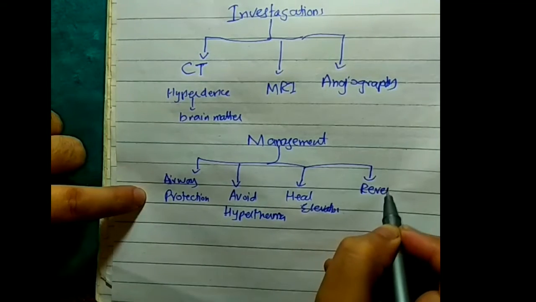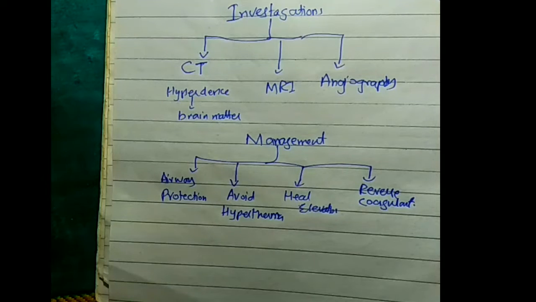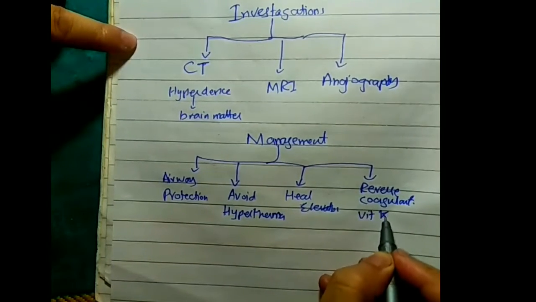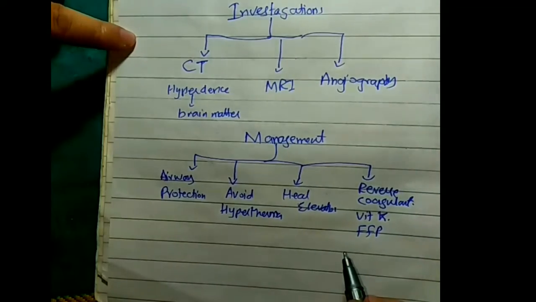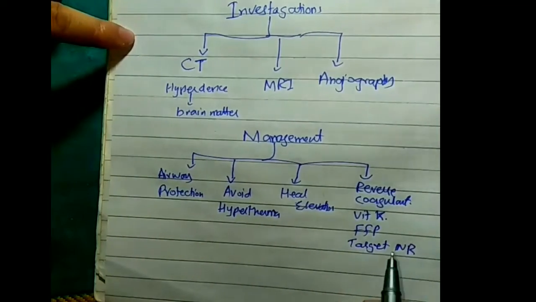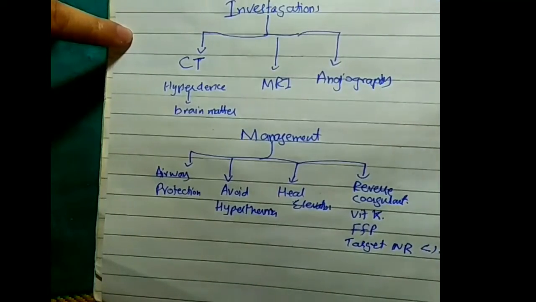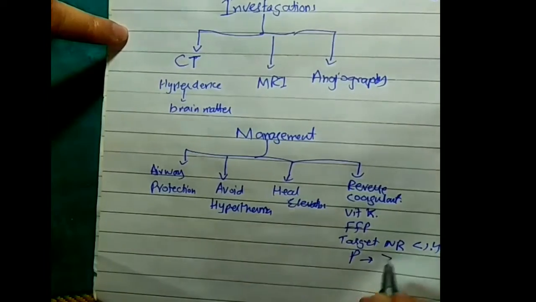Now we will reverse the coagulopathy if it is the cause. We will give vitamin K and fresh frozen plasma. Our target INR should be less than 1.4, and the target platelets should be greater than 1 lakh.